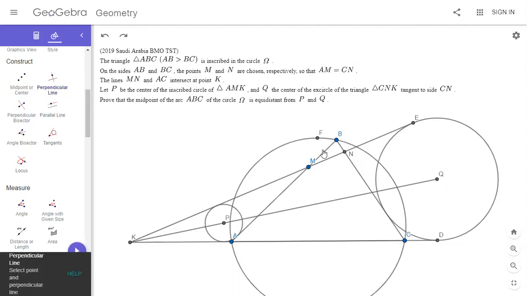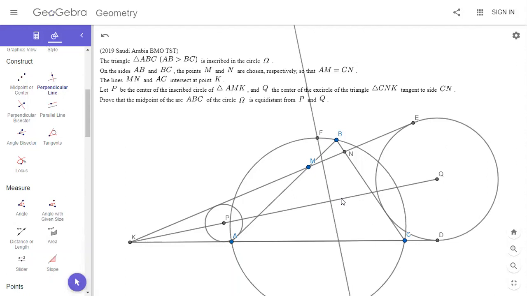I'm just going to try this for a sec. I mean, another thing, so the power of F with respect to this circle is FP squared minus the radius squared. And yeah, maybe we could do something with powers. I don't know.